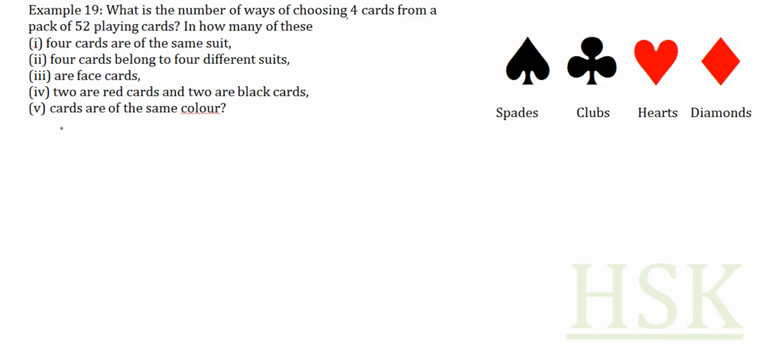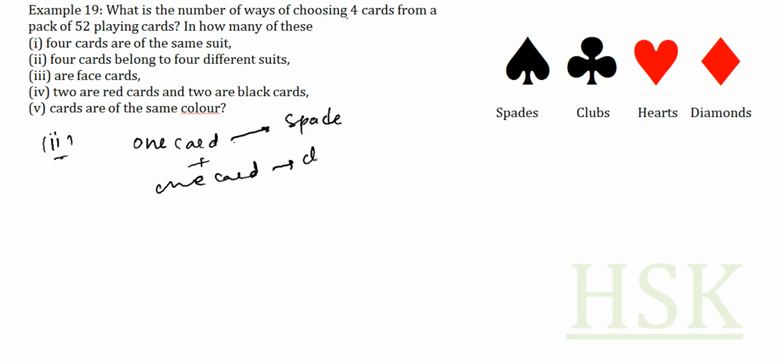In the next part, the 4 cards belong to 4 different suits. This means that 1 card would be of spade, plus 1 card of clubs, plus 1 card of hearts, plus 1 card of diamond.